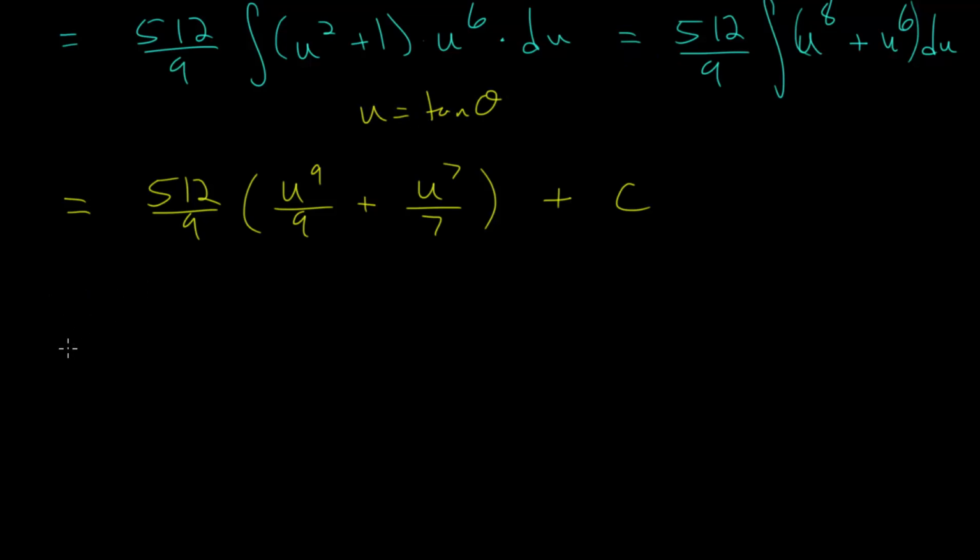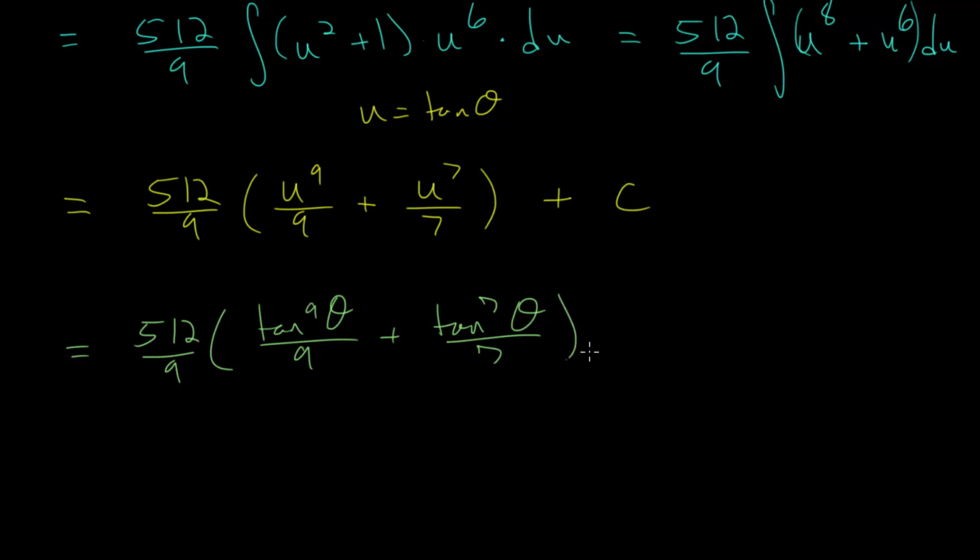So we have, let me rewrite that, we have 512 divided by 9 multiplied by the tangent of theta to the 9th power over 9 plus the tangent of theta to the 7th power over 7, and we're adding our constant of integration at the end, and we need to go back to our original variable, which remember was that variable t, and we set t equal to twice the secant of theta over the square root of 3.